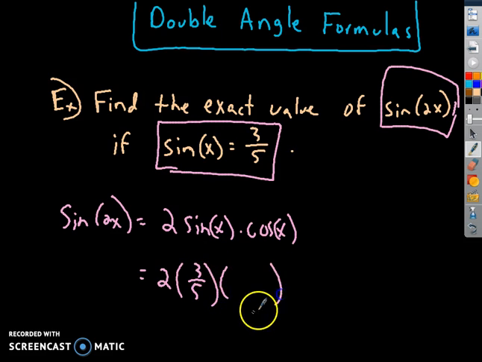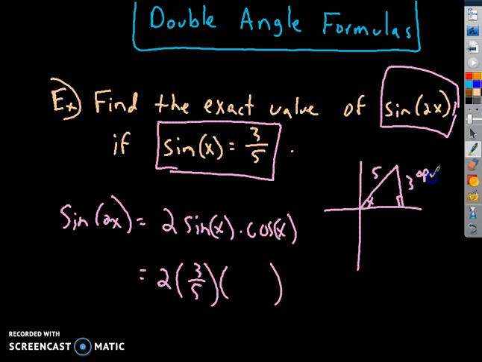times cosine of x. Now, if I know sine of x is 3/5, let's think about what cosine of x could be. Sine of x is 3/5. This is 3, this is 5, this is x. So this is a triangle, and opposite is 3. The hypotenuse is 5.